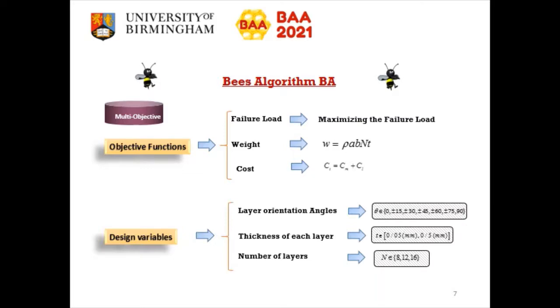The optimization variables are layer orientation angles, similar to the single objective problem, thickness of each layer, which has been considered to be within the range of 0.05 millimeter to 0.5 millimeter and is assumed as a discrete variable, and number of layers, which varies between 8, 12, and 16.